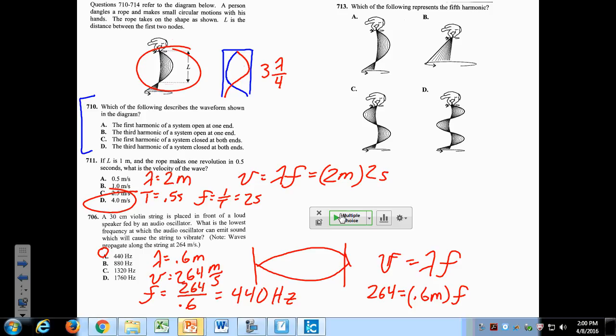All right, y'all, we'll wrap up soon. I know we're all tired. Let's do 713. The one up top here.